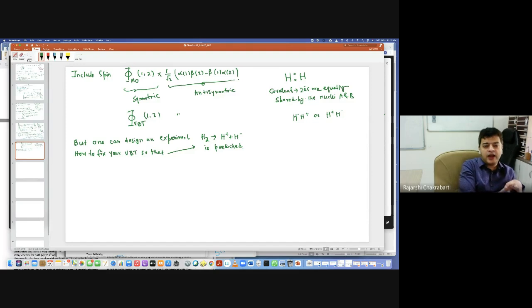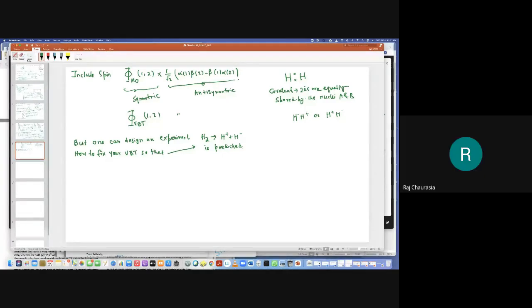Depending on the experiment, I can have H plus H, I can also have H plus and H minus. So I should have a more general VBT trial wave function. And what should be that more general or improved VBT wave function? Any idea? Any suggestion?